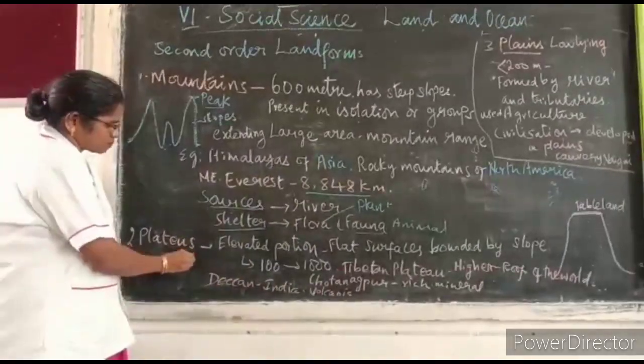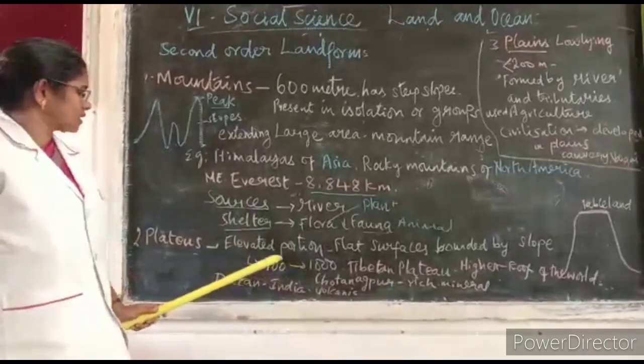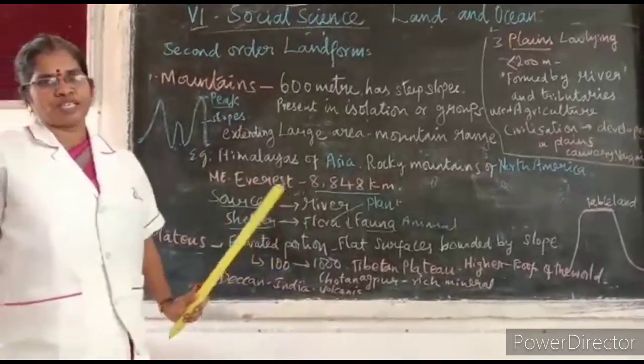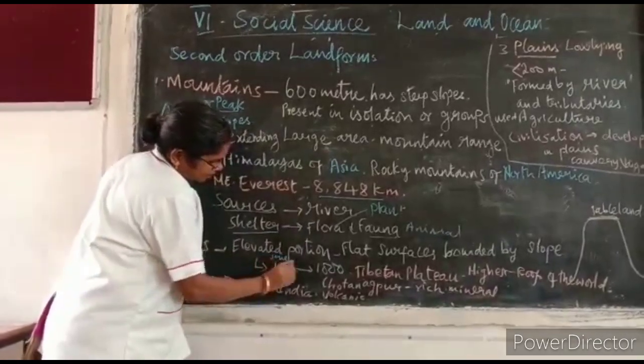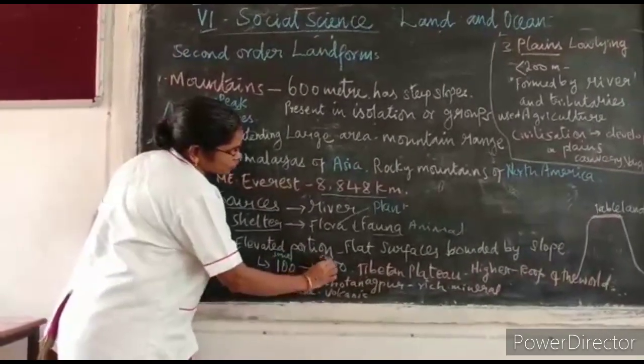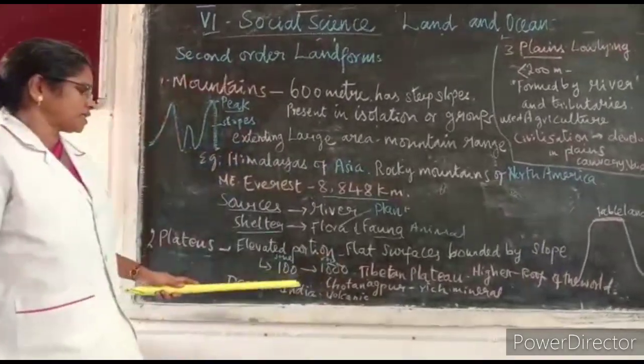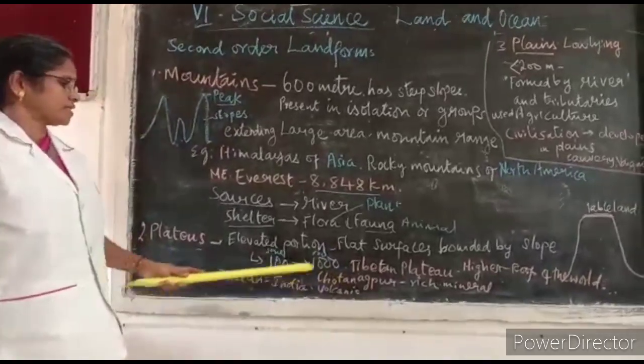Then the second one is plateaus. Plateaus are nothing but elevated portions, elevated from a few hundred to a few thousand meters, maybe 200 meters to 2000 or 300 meters to 4000.